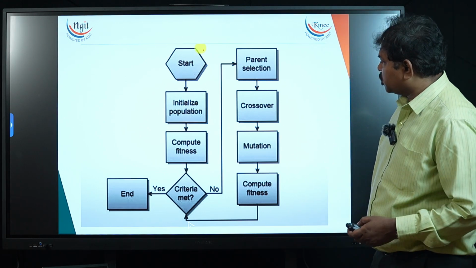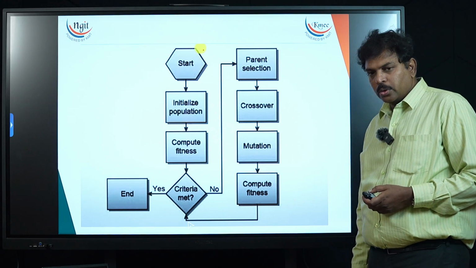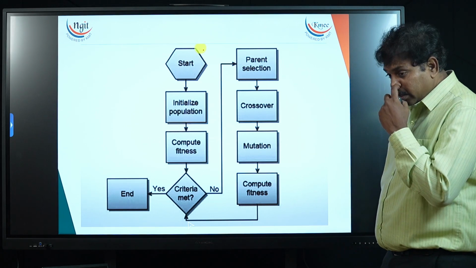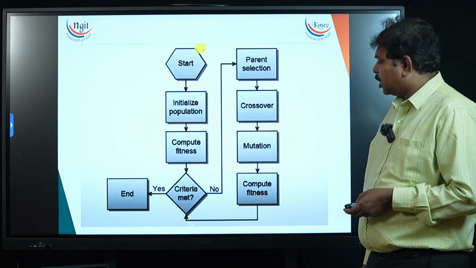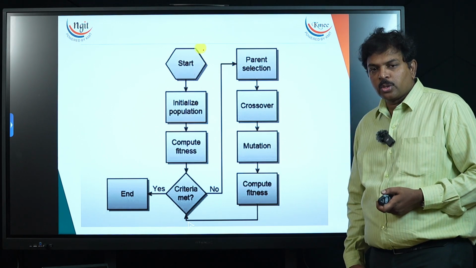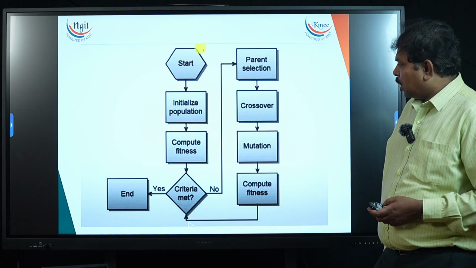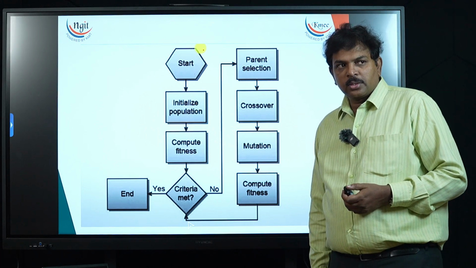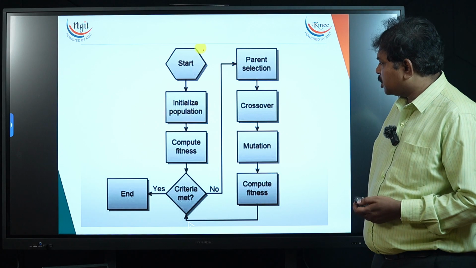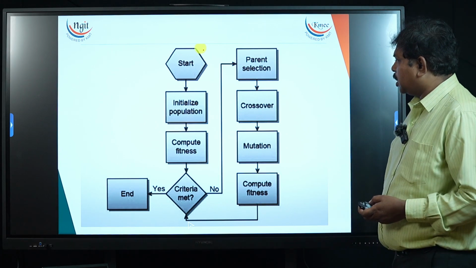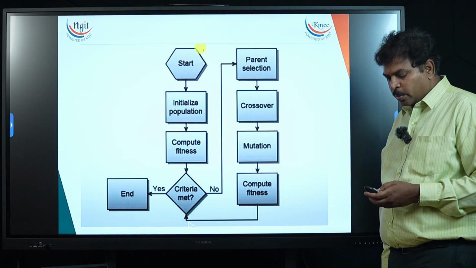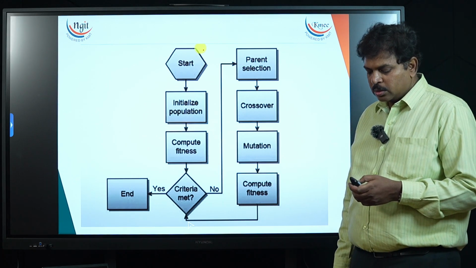Using the fit function we calculate the fit score. Based on the fit score we select the parents. After selection of parents we perform crossover. Crossover gives the offspring. We mutate the offspring to make it more efficient. And when the offspring generation is continuously similar to the parents, we stop the generation.